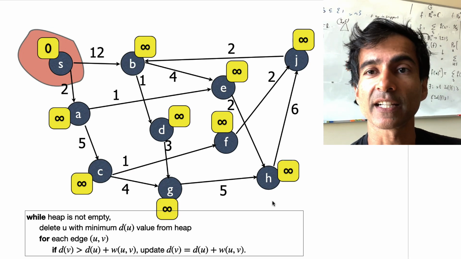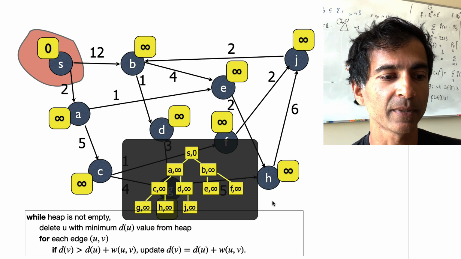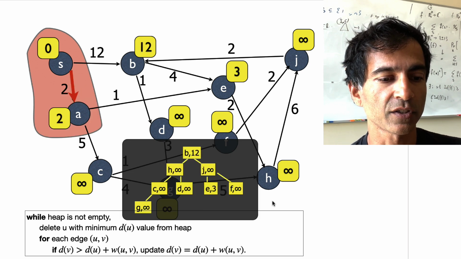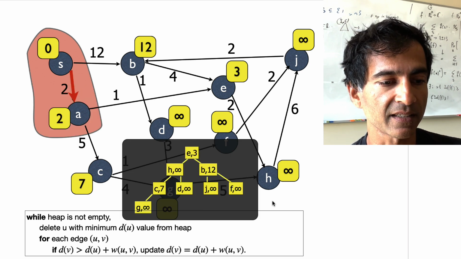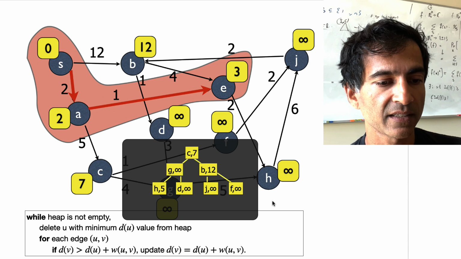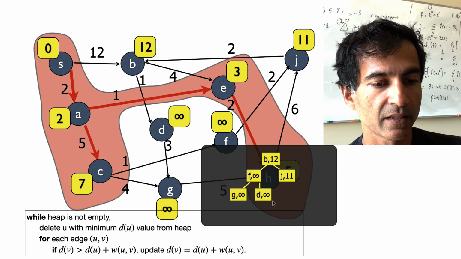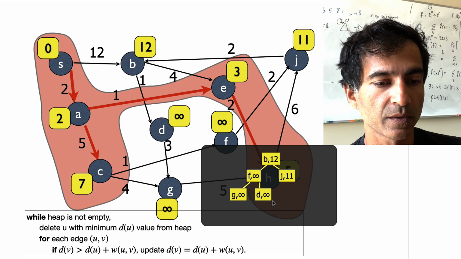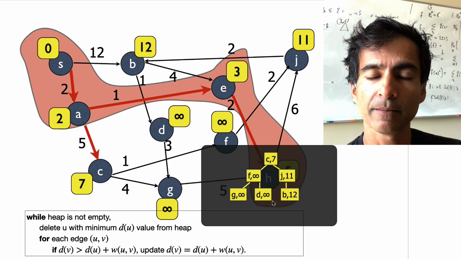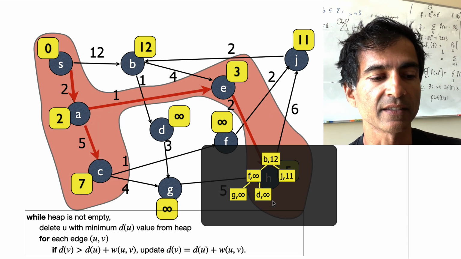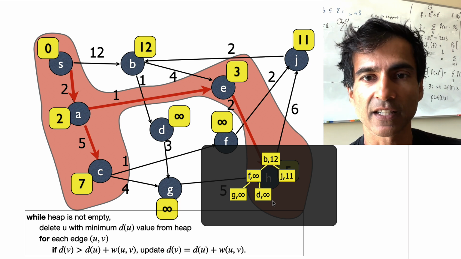So here's an example of an execution of the algorithm with the heap, and a picture of the heap. So at some point, let's say we're at this stage, and we've just popped C off the heap and assigned it the d value 7.